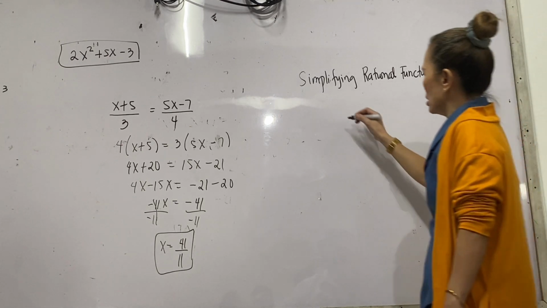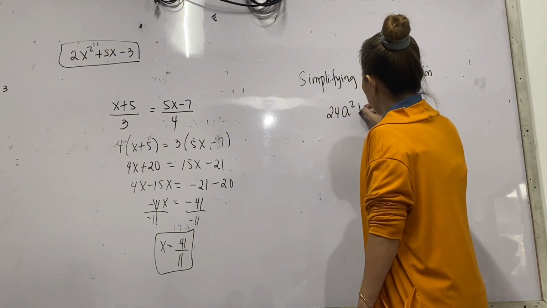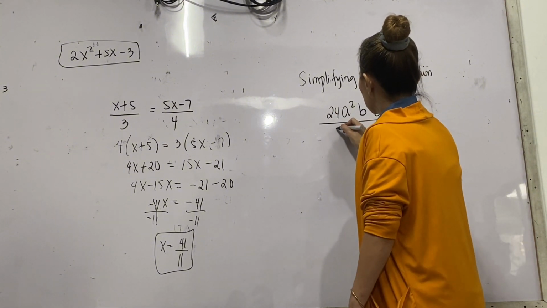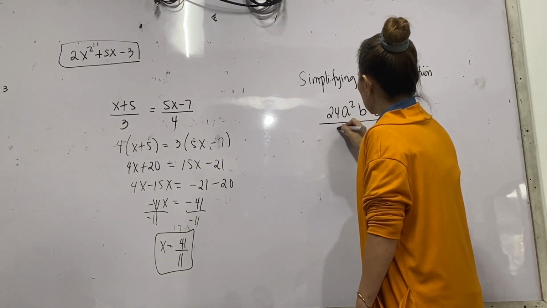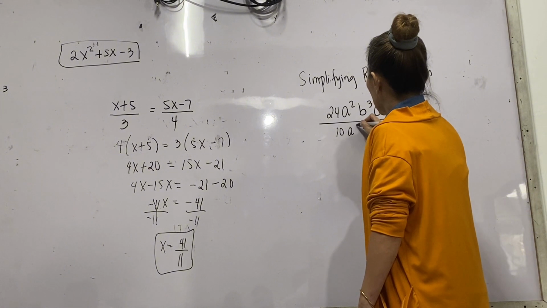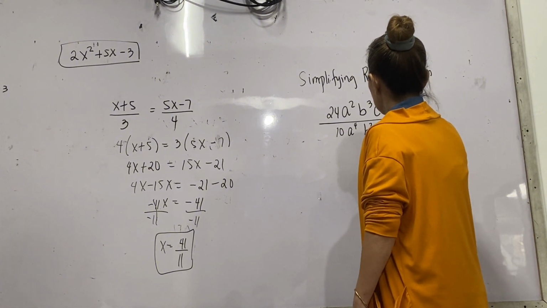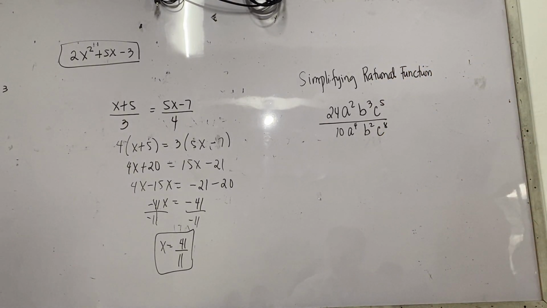Let's say we have here 24 a squared b cubed c to the fifth over 10 a to the fourth b squared c to the eighth. Okay. So, para lang po tayong naglo-lowest term. 24 and 10. Pinakamaliit na ba yung 24 over 10? O pwede pa natin siyang i-simplify?